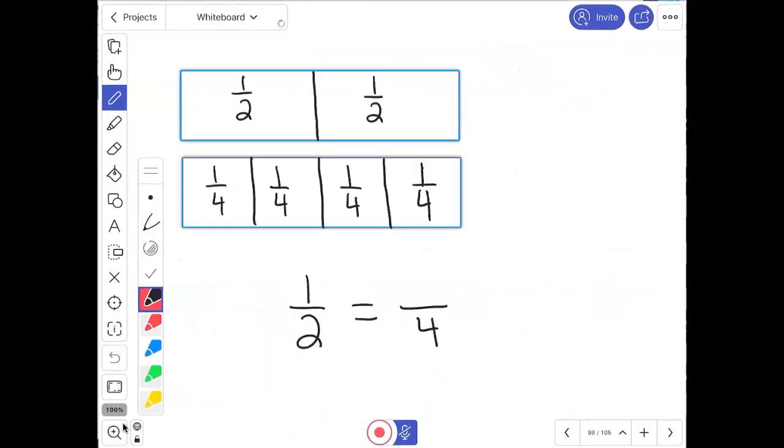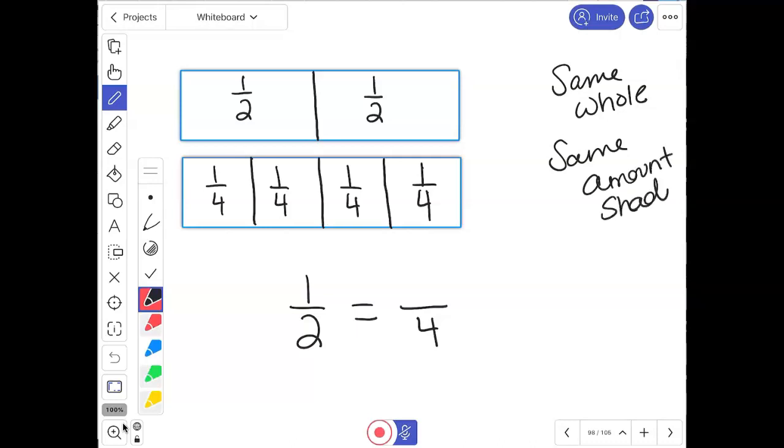Two fractions are worth the same if they are from the same whole and have the same amount shaded.